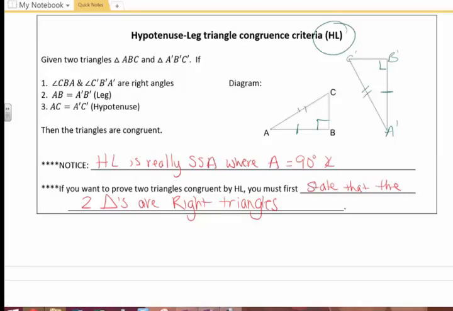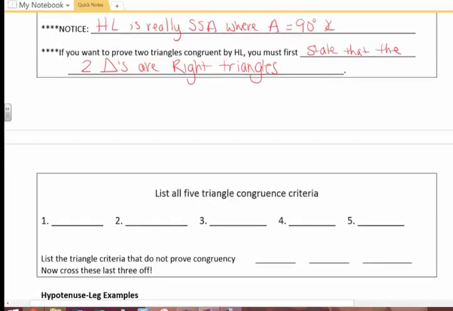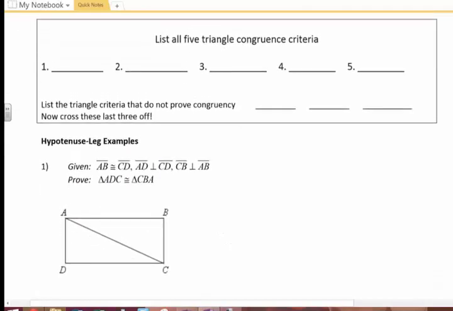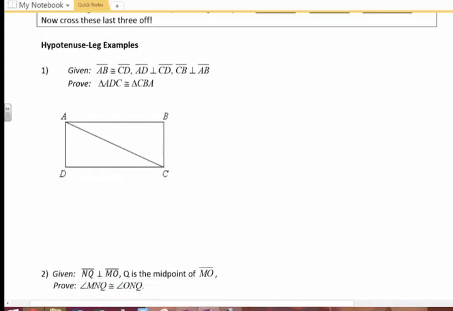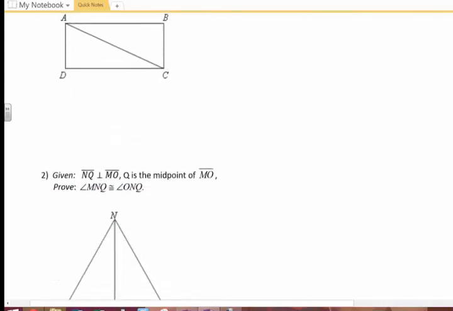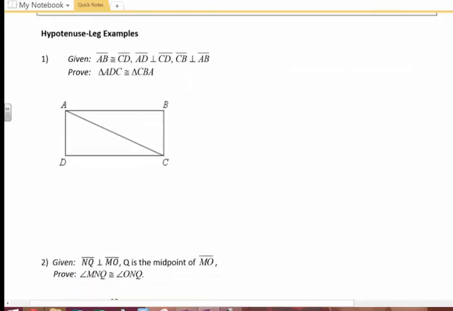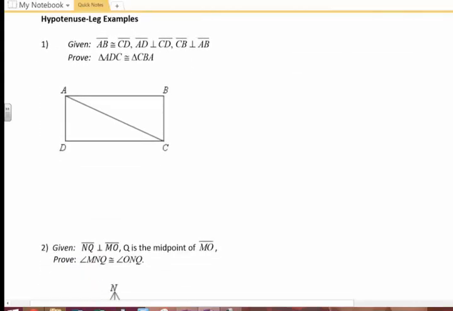So, how is that going to look? Here's how it's going to look. I'm going to come down here and do number 1, and then we'll fill in the blanks, okay? So on number 1, let's show you a proof, then we're going to back up and do that other box. So here's my proof.